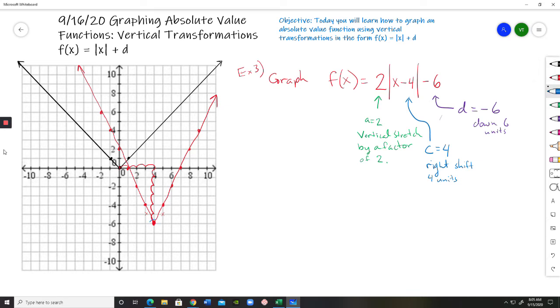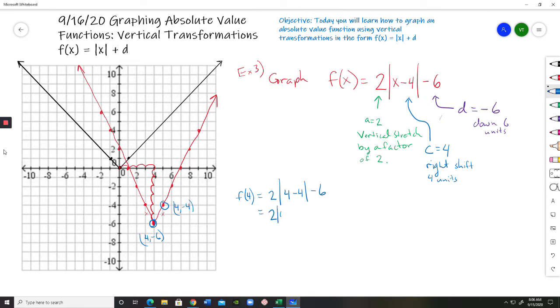Let's check the vertex, because you always want to check the vertex. So that's at 4, negative 6. And let's also see if I've done my pattern correctly. Let's check this one here, 4, negative 4. First I'm going to start with the vertex. If I input 4, I should get negative 6. So I'm replacing x with 4. And then I have to follow the order of operations. So first inside the bars.